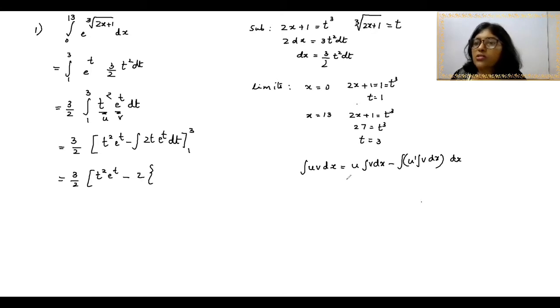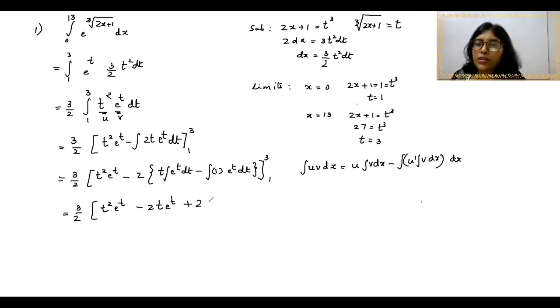Now t e raised to t, same formula: t integration e raised to t dt minus derivative of t, which is 1, into integration of e raised to t. Since most of the students are well equipped with this formula by now, these steps will go much faster. I'm writing all the steps, but you can skip a few. So this becomes t e raised to t, integration of e raised to t, minus minus will become plus, and again the same. Now put the limit.